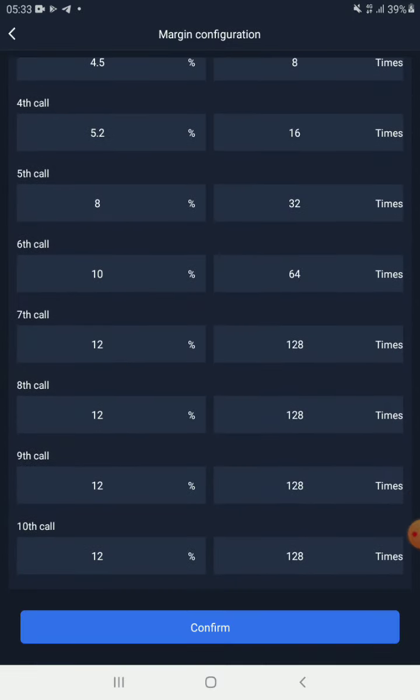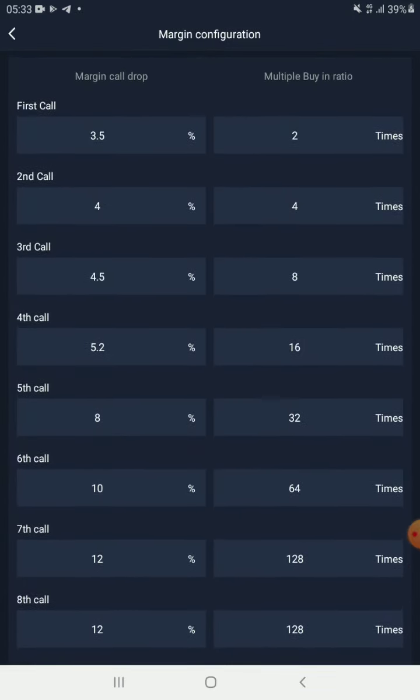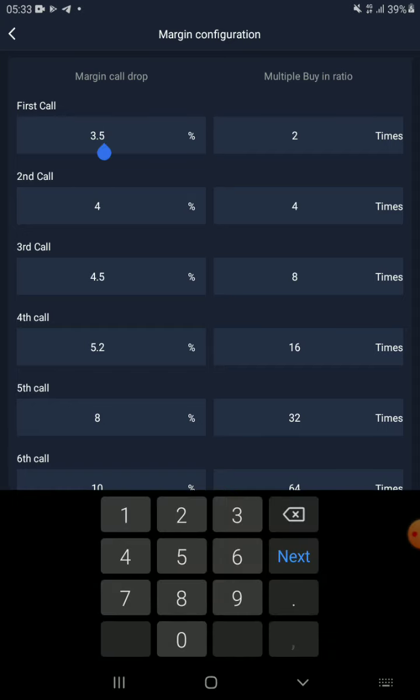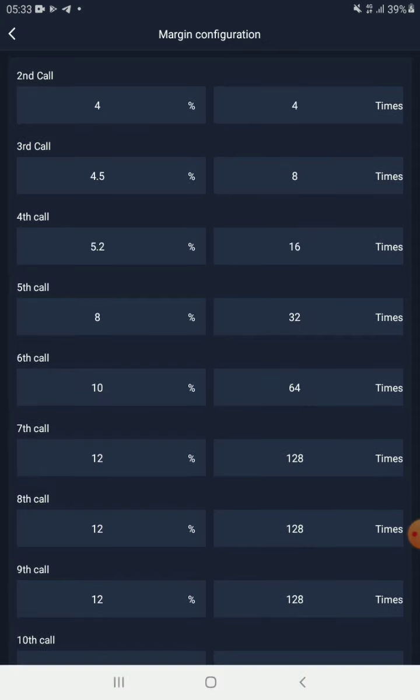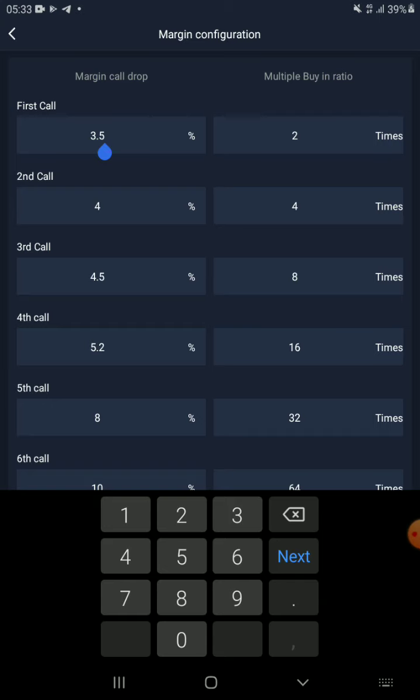So you can see what this means: margin call drops, so if the coin drops further than your initial buy amount, let's say this coin was $10 and it drops to $9, that's what all this means. It's always advisable to buy more when it goes further deep.